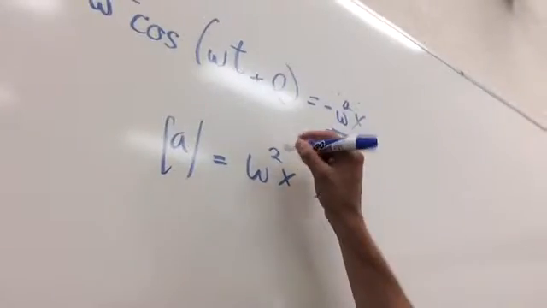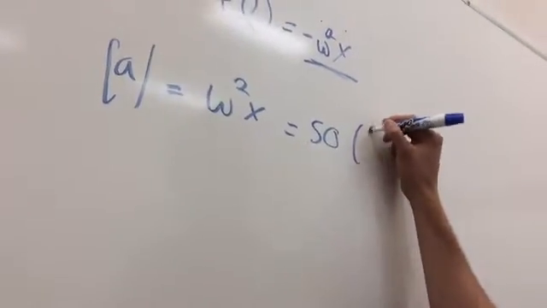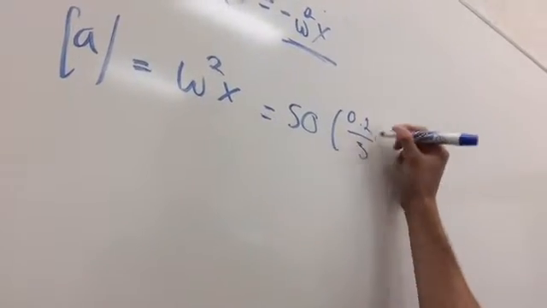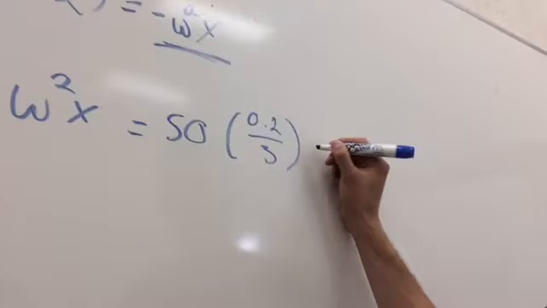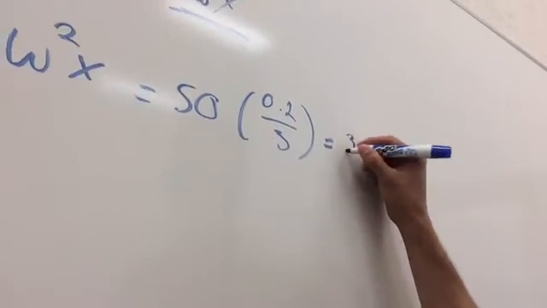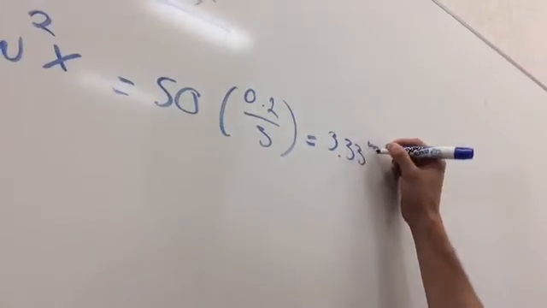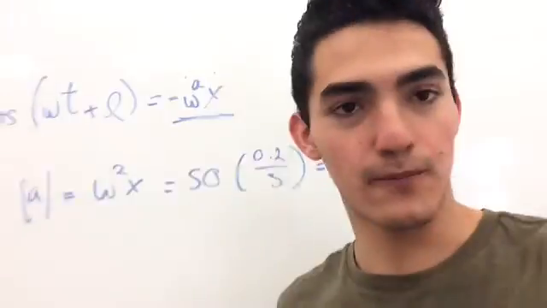As it's squared, we cancel the square root, times the same x that we are asked about, 1/3 of the original position. And as solved, we obtain 3.33 meters per second squared. And this is how you solve this quiz.